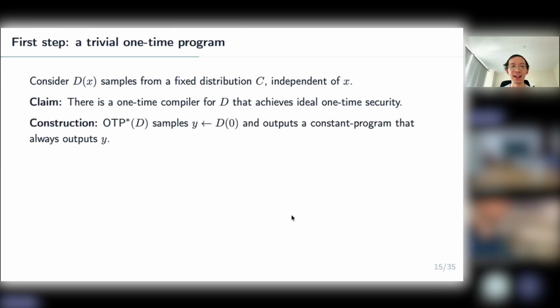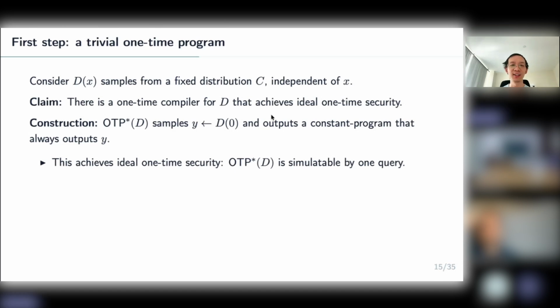Well, when I'm given some D as my input, and I am a one-time compiler, I am just going to evaluate D on some fixed input, let's say 0. And I get one sample, right? So I'm just going to output a constant program that, whatever input I get, just outputs Y. First of all, this is one-time correct because no matter what input you give me, I'm supposed to sample from D, and the output of this program indeed is a sample from D(0).